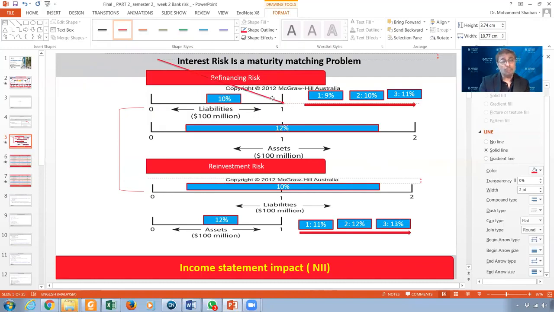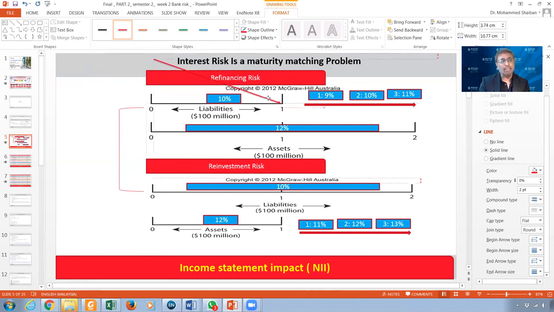So there are 2 options here. Either I ask them to keep it for 1 year more, or I can get some other depositors to give me their 100 million, and I continue, because their money is locked here. I can always get other deposits, or I can always roll over those deposits.